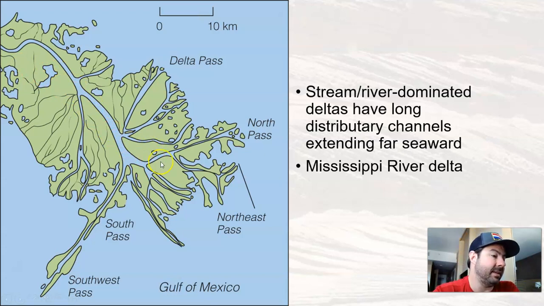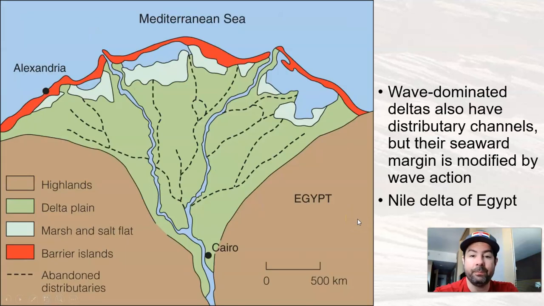In this case, it's an example of the Mississippi River Delta in the Gulf of Mexico. The Mississippi River is so powerful, with so much flow, it still continues to push stuff all the way out into what's now the ocean. So this is dominated by stream or river processes. It's still pushing things out and out, and the delta continues to grow and grow and grow.